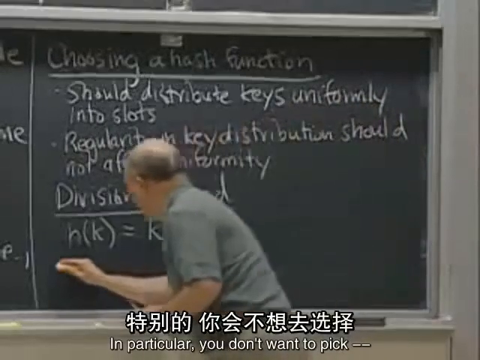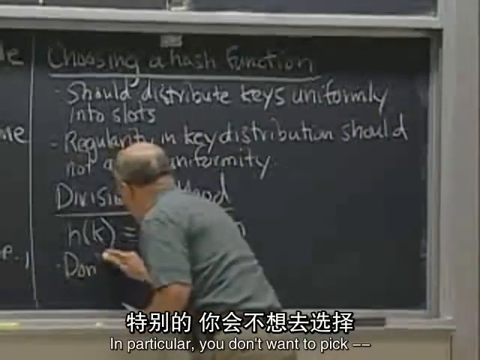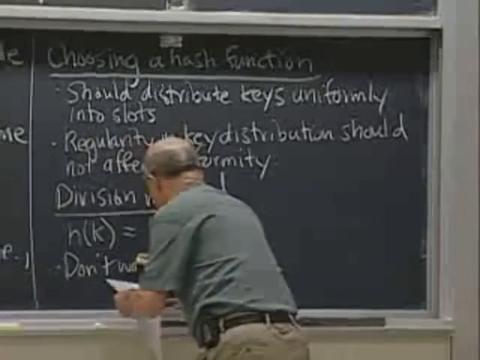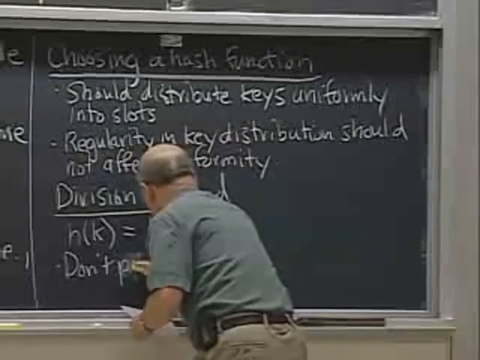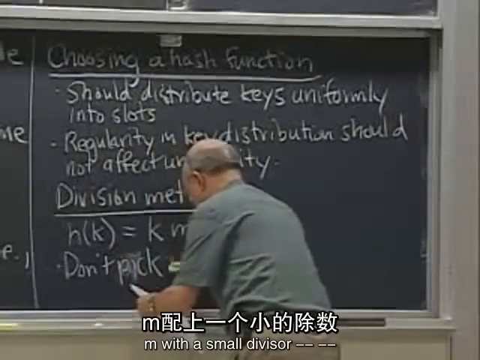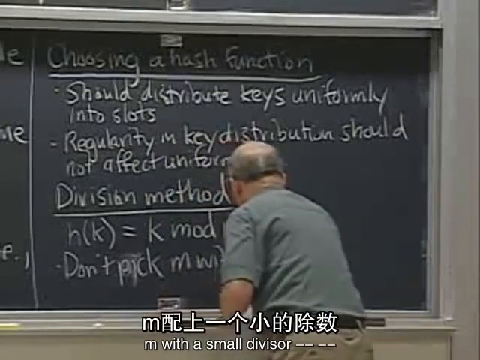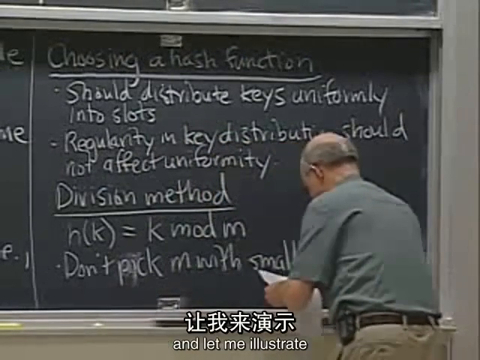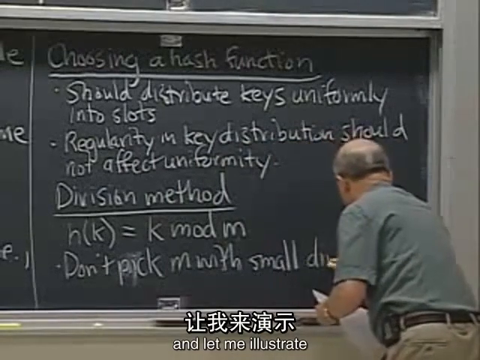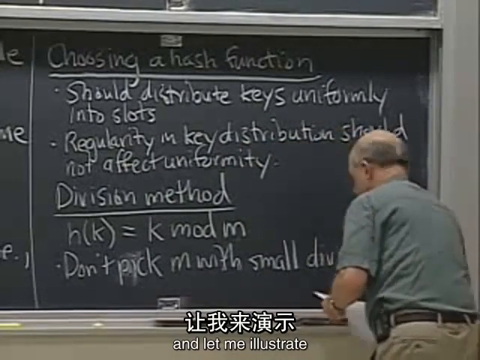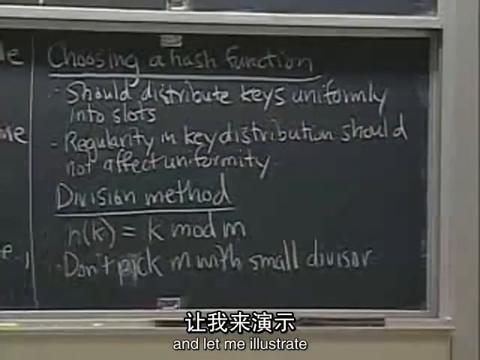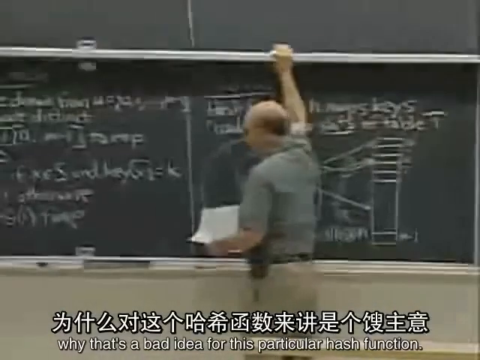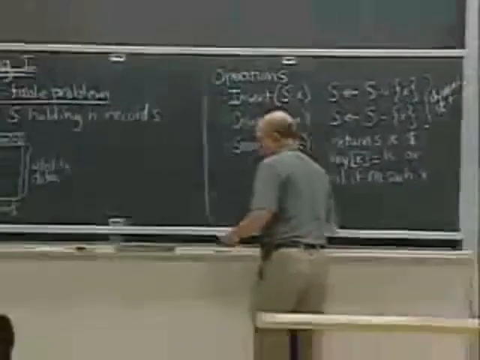In particular, you don't want to pick m with a small divisor. Okay, and let me illustrate why that's a bad idea for this particular hash function.